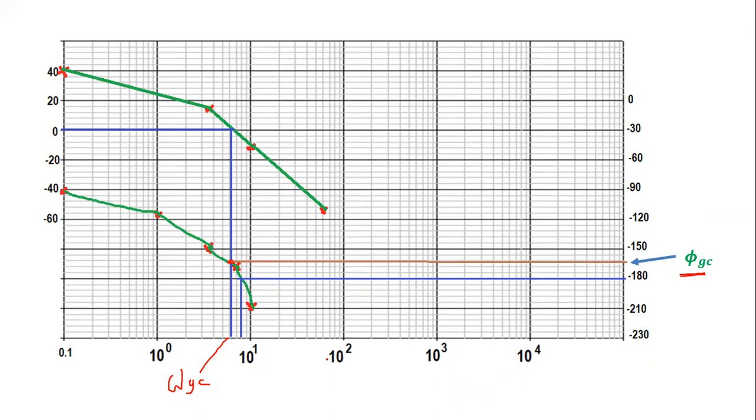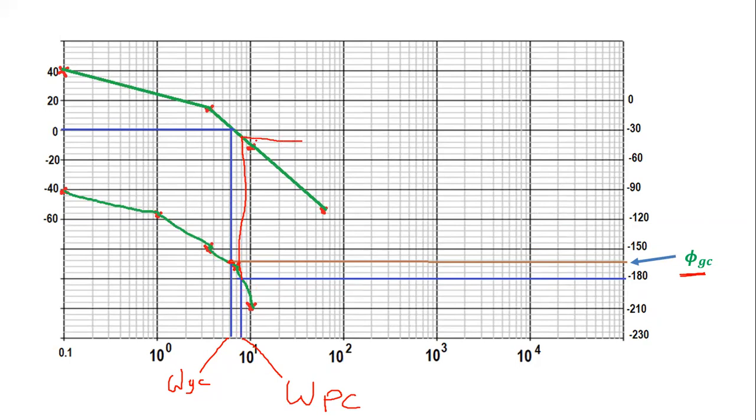And coming to the gain margin, how to identify the gain margin? Gain margin you can identify from the phase crossover frequency, omega PC. So the phase crossover frequency is already there. This one we are extending on the magnitude plot, which intersects here.